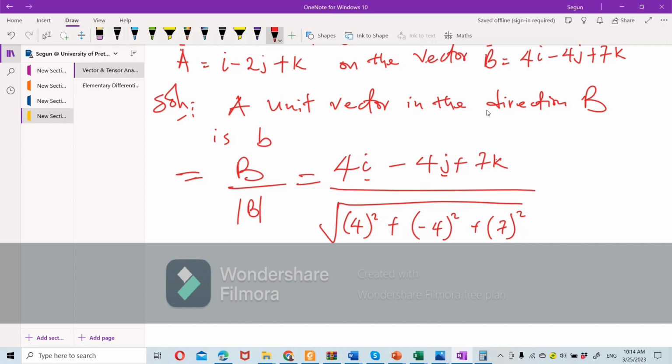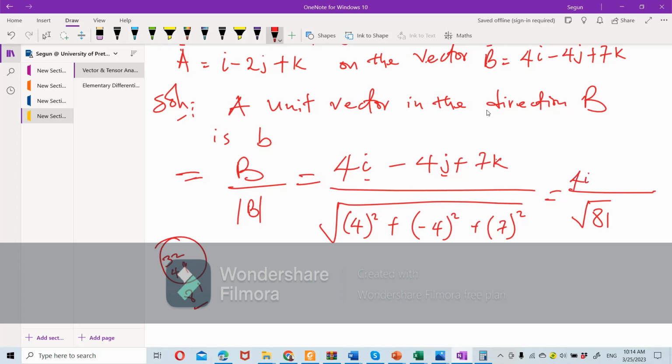So if you solve the one in the denominator, which is the one in the square root, very well, you are going to have the square root of what? Anybody? 16 plus 16 plus 49. 32 plus 49 is what? 81. So you have the square root of 81.